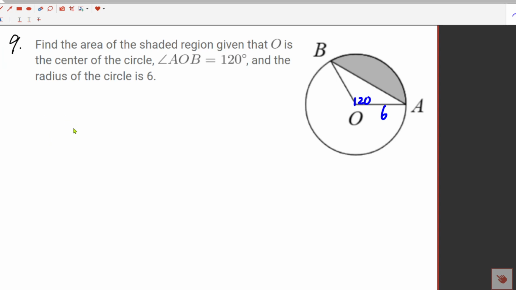So first of all, the area of the circular segment AB equals the area of the sector AOB subtracted by the area of triangle AOB, right?